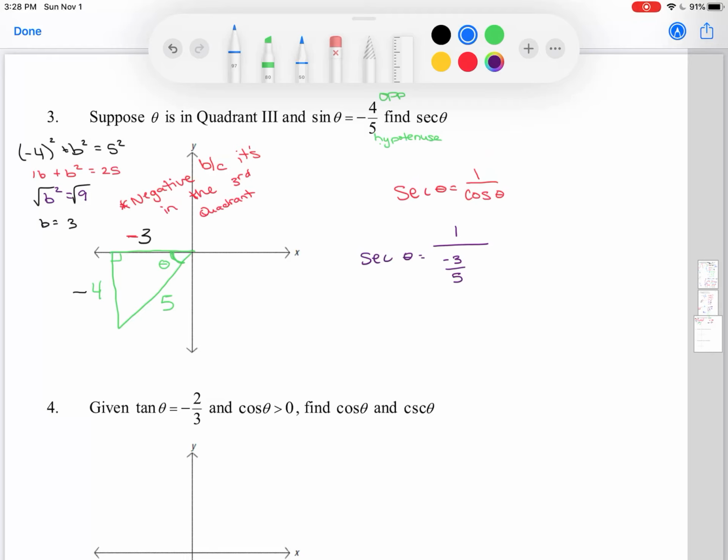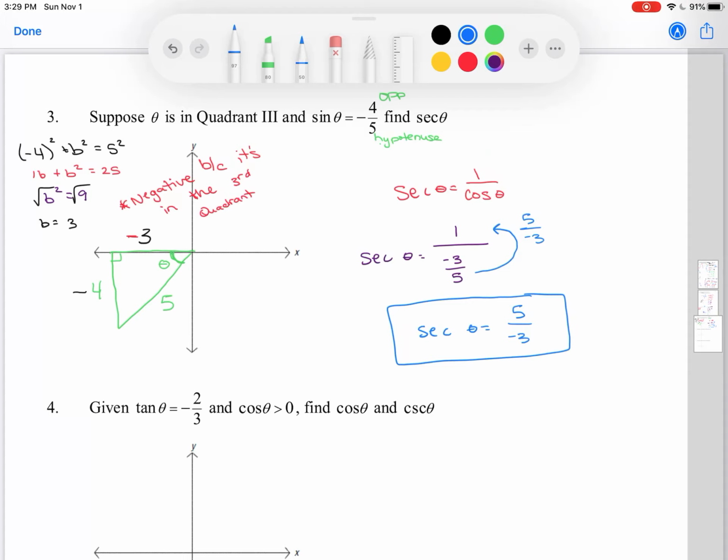So my cosine is adjacent over my hypotenuse, -3 over 5. This is where that reciprocal comes in. I'm just showing you that step. So I have a fraction over a fraction. I'm going to skip the top, flip the bottom, and multiply. That's where the reciprocal is going to help us. We're just verifying that this is indeed going to be the reciprocal version.